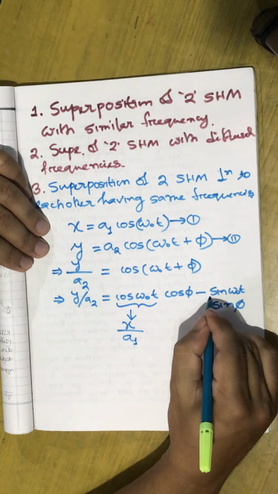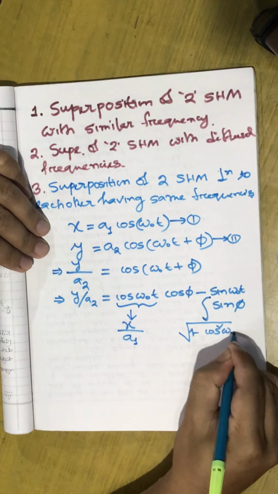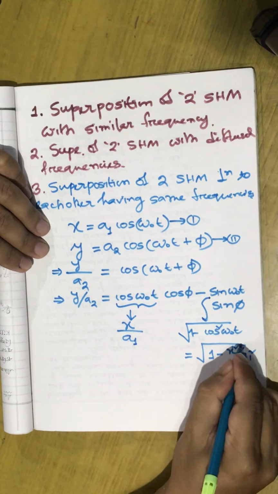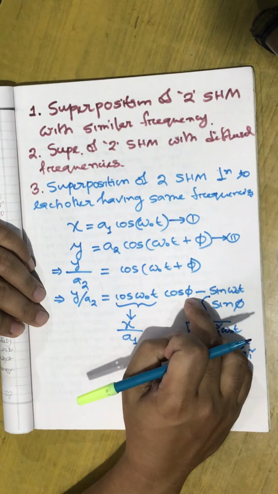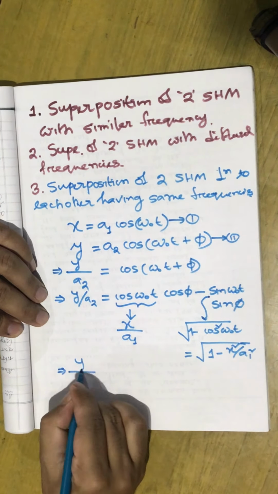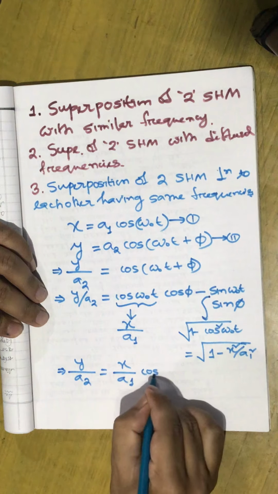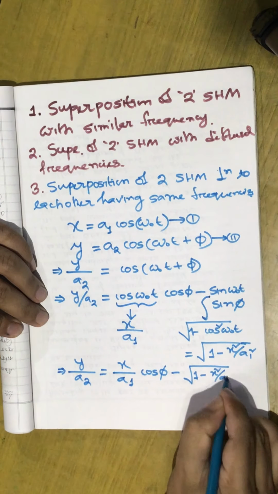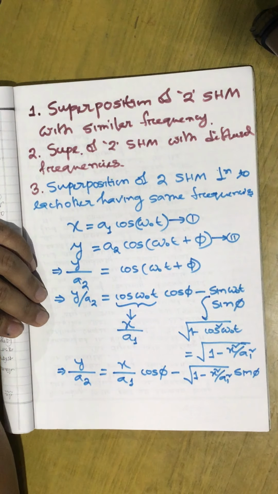Similarly, in place of sin omega naught t, we can write root over 1 minus cos square omega naught t, therefore root of 1 minus x square divided by a1 square. Making this substitution, we get y divided by a2 is equal to x divided by a1 cos phi minus root of 1 minus x square divided by a1 square sin phi.